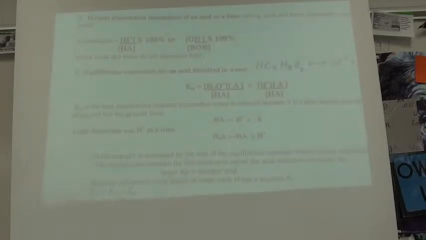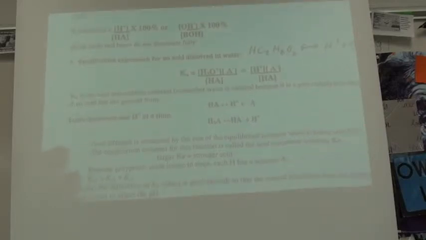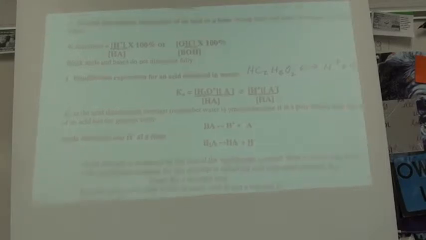Now, weak acids have Ka values, lots and lots of weak acids, lots and lots of Ka values. The bigger the Ka value, the stronger the acid. What does that mean? The bigger the Ka value, the more it dissociates. Yep, the more it dissociates.